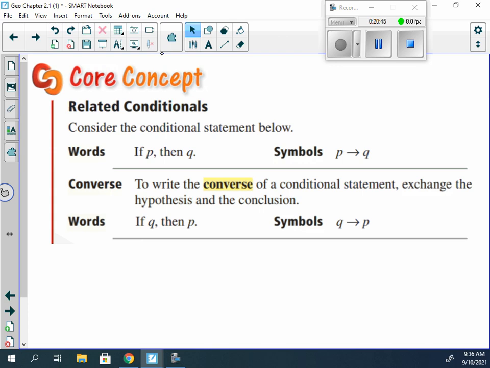I switched the hypothesis and the conclusion. To write the converse of a conditional statement, exchange the hypothesis and conclusion. So converse is switching the hypothesis and the conclusion.